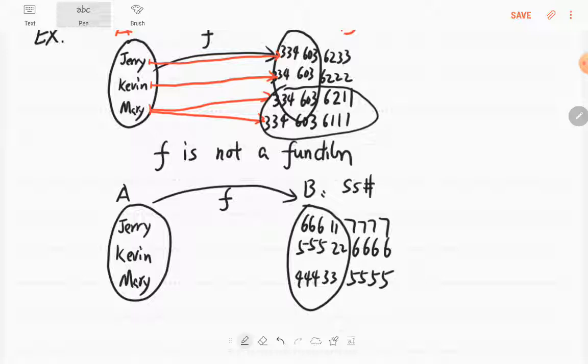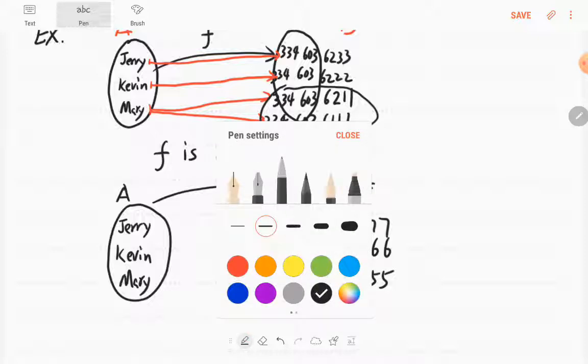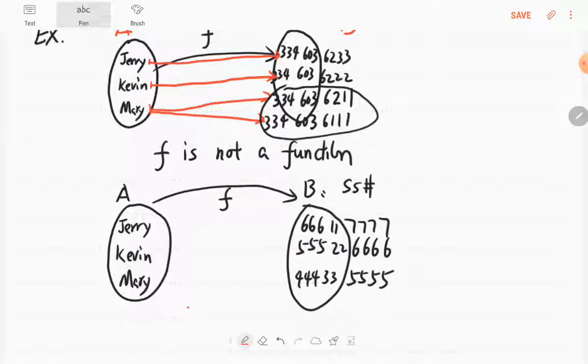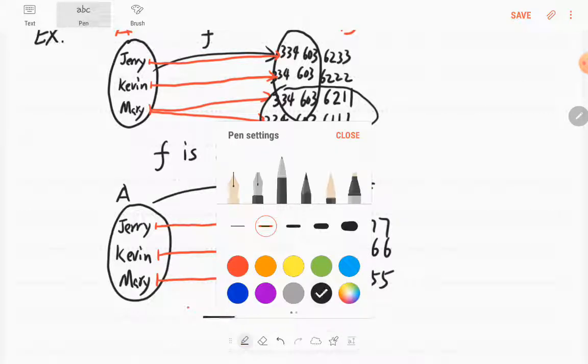And we know that every person only has one social security number. So it will map Jerry to this social security number, map Kevin to this social security number, and map Mary to this social security number. So it satisfies that f maps one element in A to exactly one and only one element in B. So this f is a function.